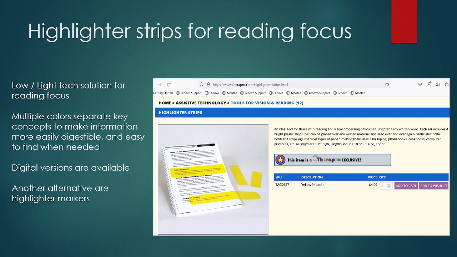So one of the technologies we can look at is considered a light technology. Highlighter strips, again, this is a reading focus thing. They can come in many different colors. They'll separate key concepts and make information more digestible. And then you can easily find it again if you go back trying to look for something, instead of it falling into a sea of words.